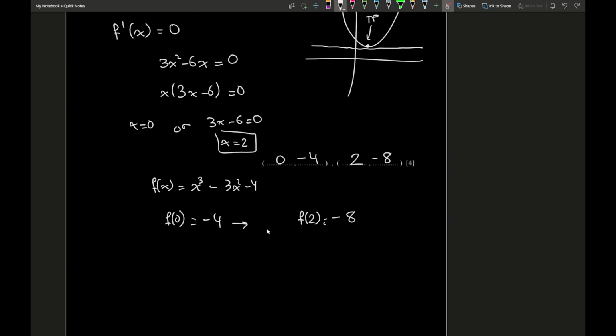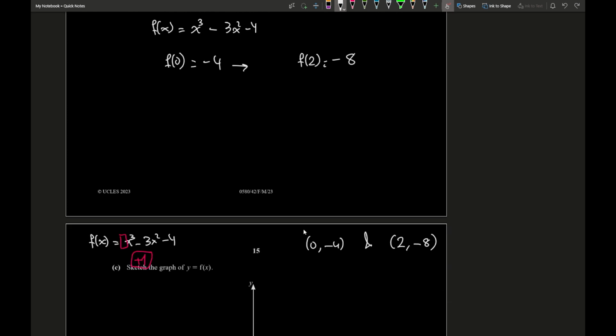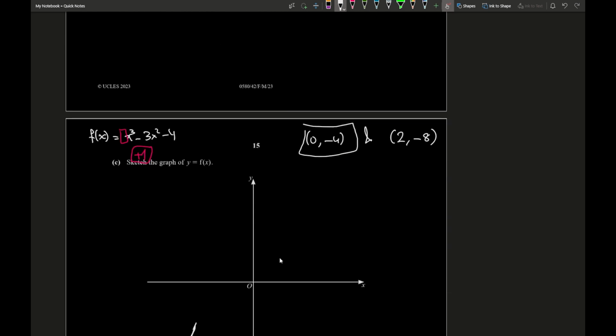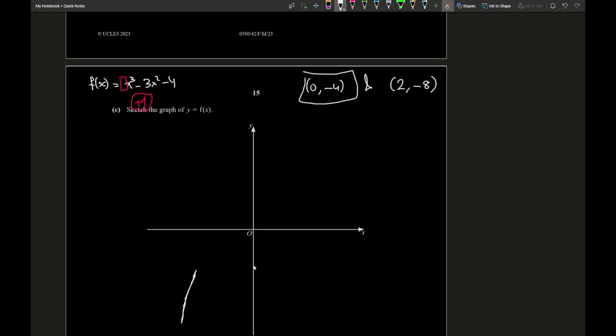If you notice, our turning point is at 0, negative 4, or rather when x is equal to 0, this will be our y-intercept, negative 4. So let me just erase this. We'll have a turning point at this part right here. So it will look like this. After that it will change direction. Then at the coordinates 2, negative 8 there will be another turning point.